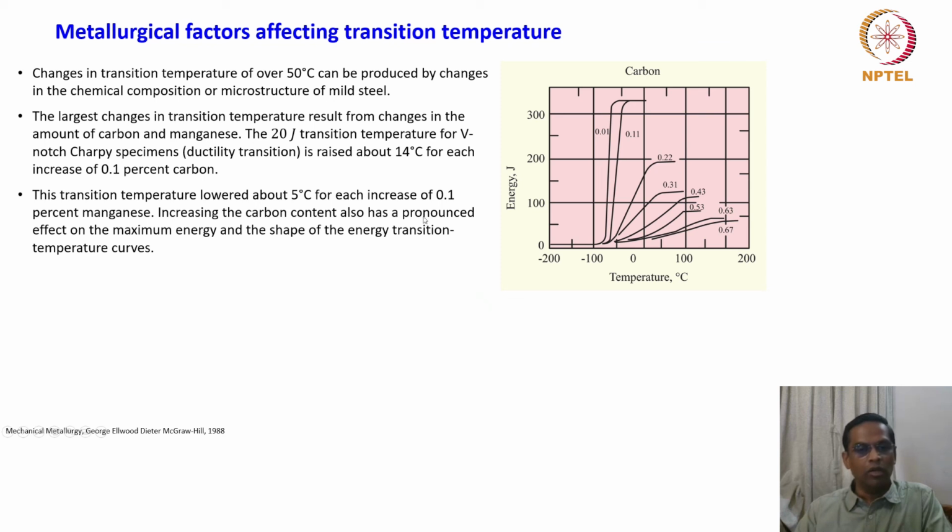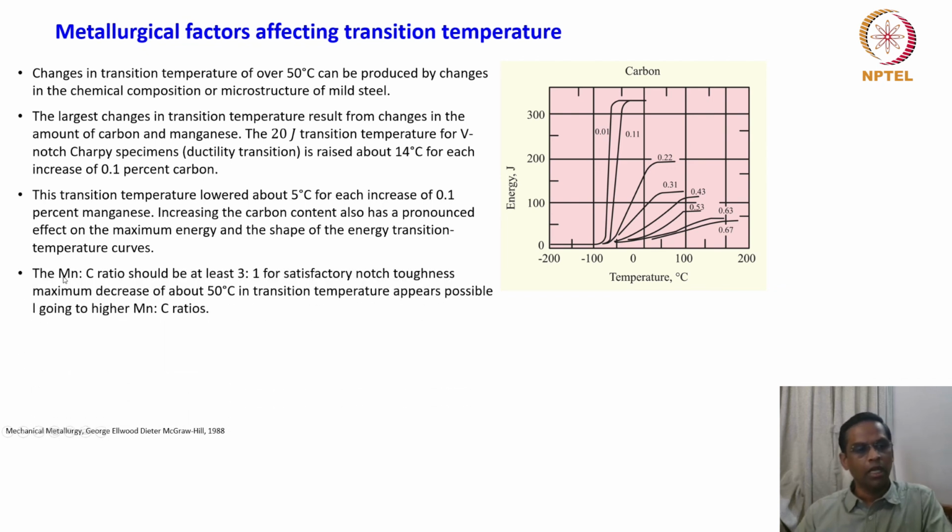Increasing the carbon content also has a pronounced effect on the maximum energy and the shape of the energy transition temperature curve. So this is interesting: not just the values, the total shape of the curve itself is changed with the alloy chemistry, especially carbon and manganese, which is discussed here. The manganese to carbon ratio should be at least 3:1 for satisfactory notch toughness.